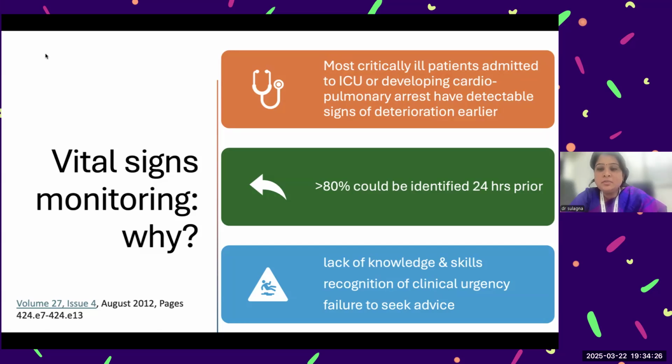More than 80% of these patients have detectable signs of deterioration in the previous 24 hours, which are not adequately picked up by the caring team. This is mainly due to a lack of knowledge and skills, lack of recognition of clinical urgency, and failure to seek advice in time.